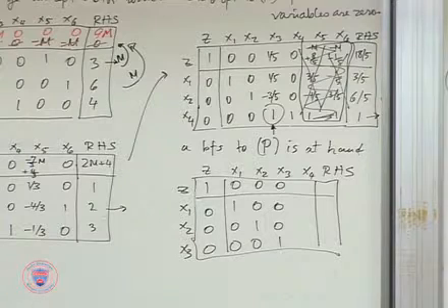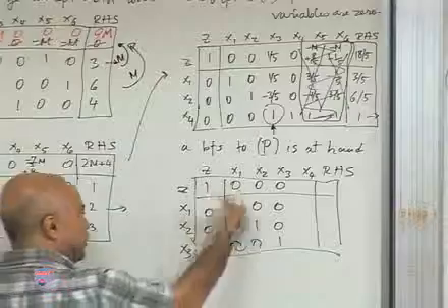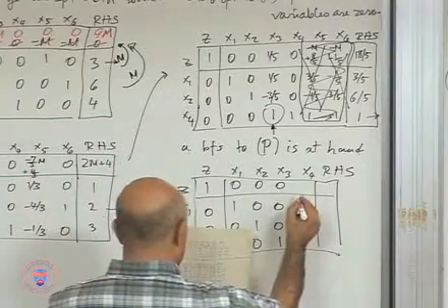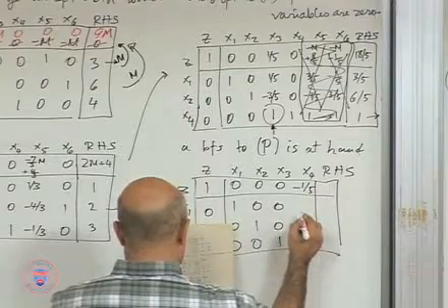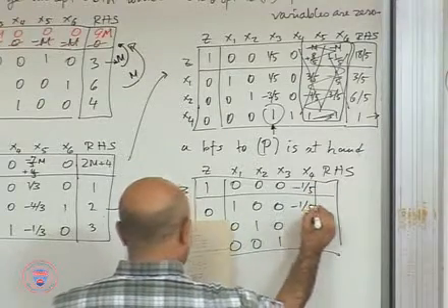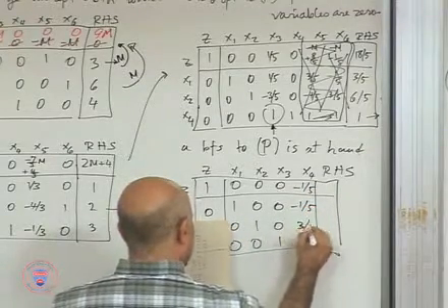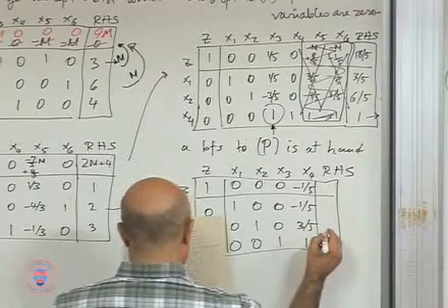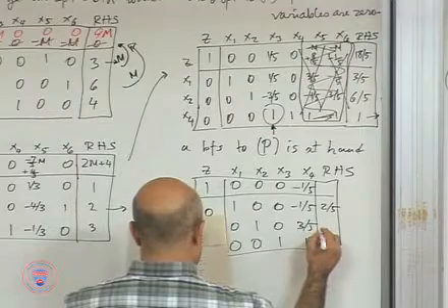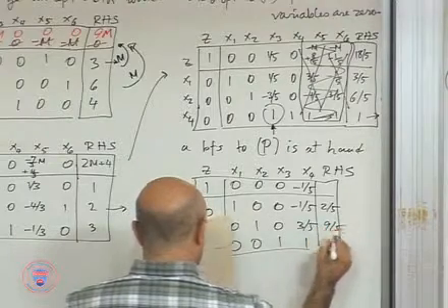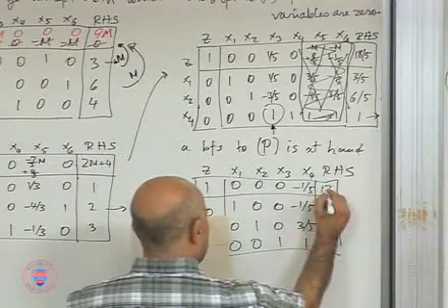See, when most of the variables are basic, it's easier to fill in the tableau. It's just unit vectors. X4 column is minus 1/5, minus 1/5, 3/5, and 1. The right sides are 2/5, 9/5, 1, and 17/5.